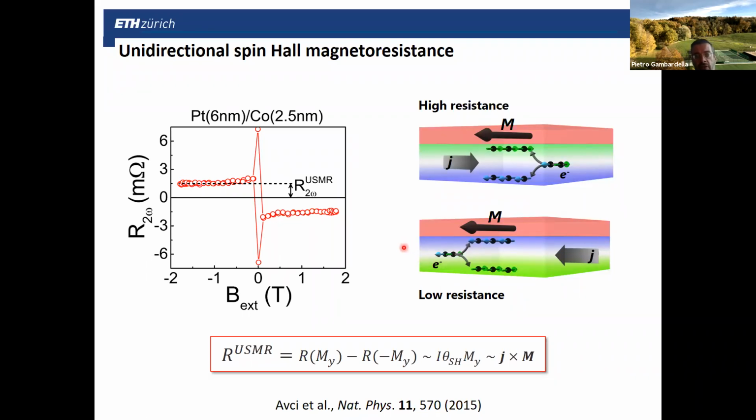And so that's why we call it unidirectional spin-Hall magnetoresistance, because it is a resistance that depends either on the sign of the current or on the sign of the magnetization, which is different from typical magnetoresistances, which are a function of even powers of the magnetization. Right? So clearly, this is a nonlinear effect, okay, that therefore escapes also the reciprocity that one expects in electron transport.